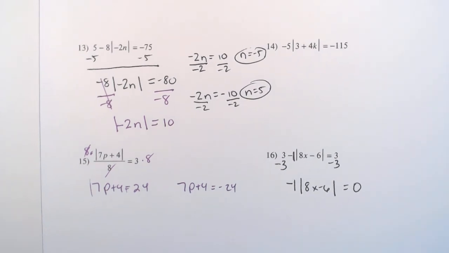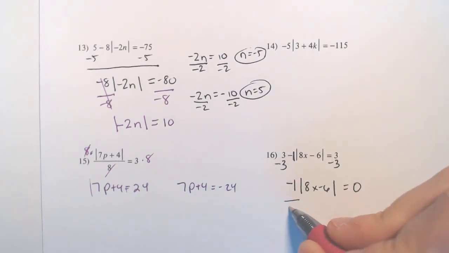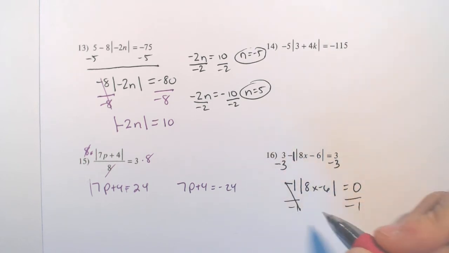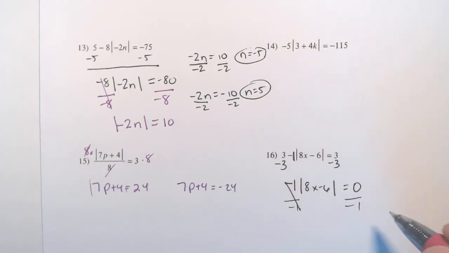But that's okay. Because you can divide by negative 1, and 0 divided by anything is 0. You may not be able to divide by 0, but you can divide 0 by any number. Because if you have no pizza and 30 friends, nobody's eating. It's 0.